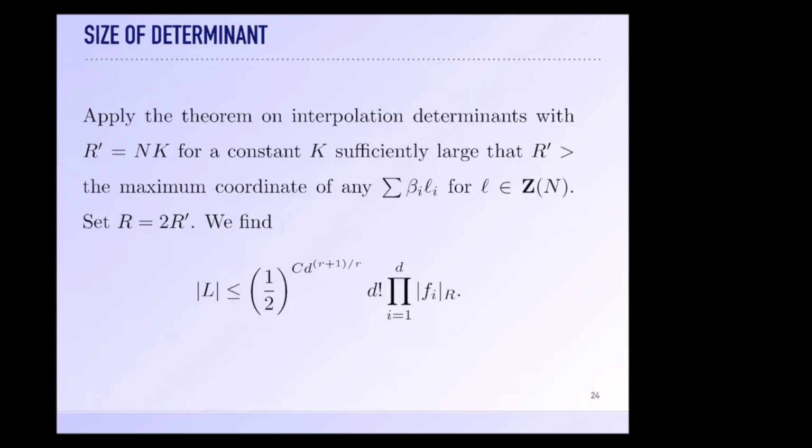The point is that the absolute value of L is then 1/2, just something less than 1 to some exponent power. And remember, I said that theta_r was basically some constant times d to the (r plus 1) over r, and then you get d factorial and the naive bound on the size of these analytic functions. But we can figure this out very easily.